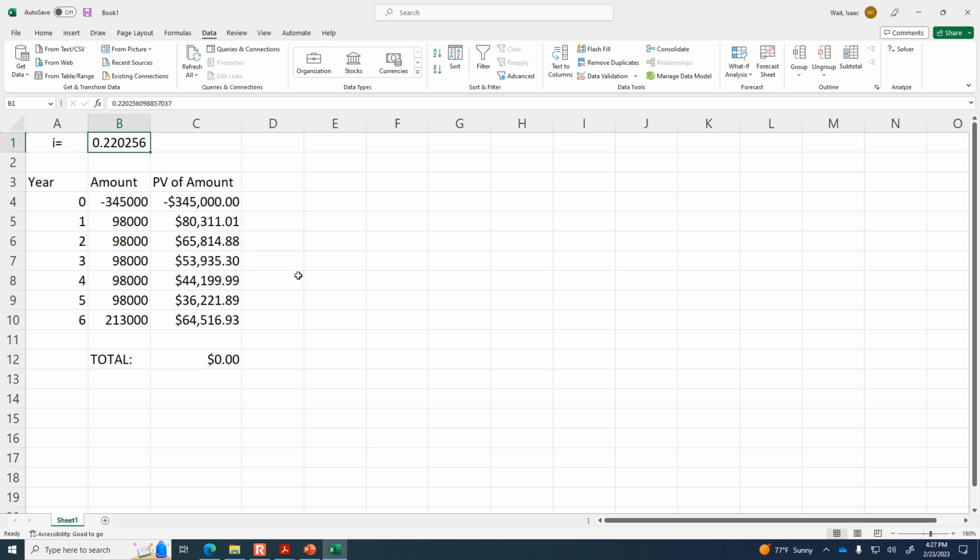And what it finds is that this cash flow diagram, the money that we're getting over time, yields a 22.02% rate of return, as long as we can reinvest the earnings back into the same project or something else that's also earning 22%. So this assumes compound interest.